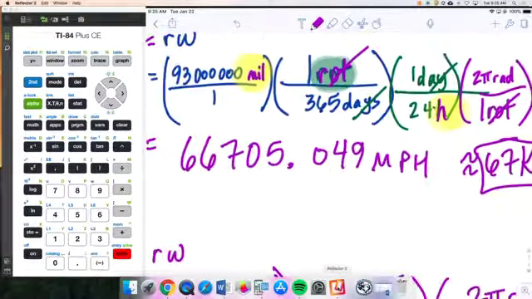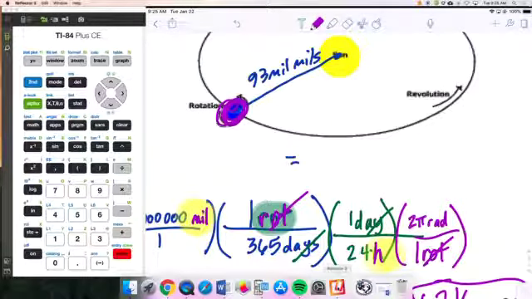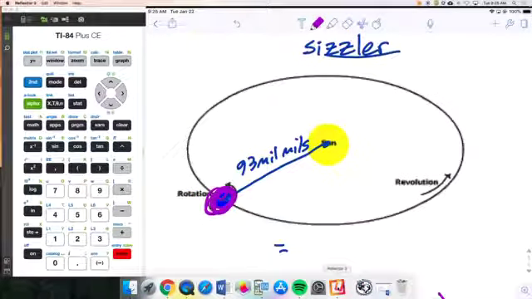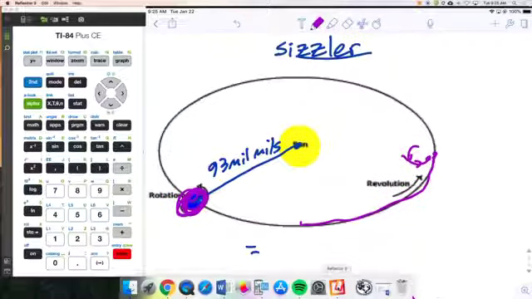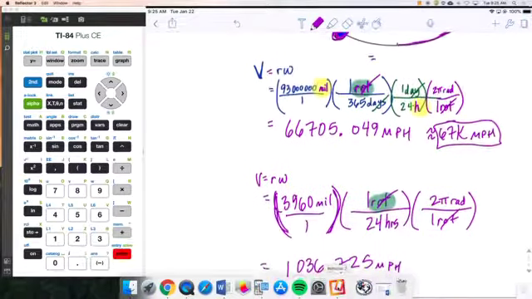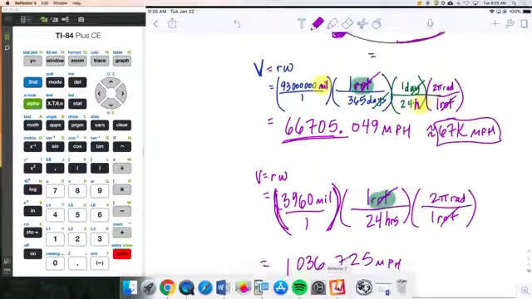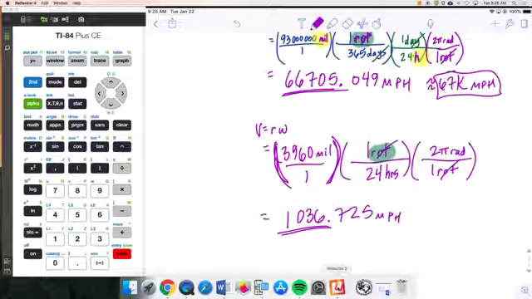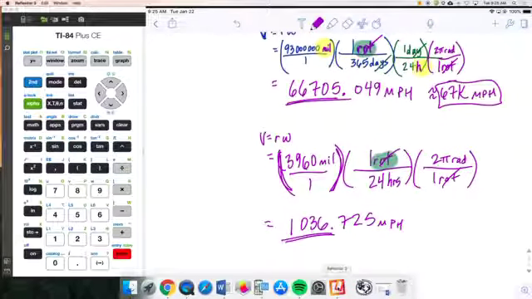So like when you're spinning here, and let's say you're approaching this place where it turns around, and then you're right here, as this thing is spinning in that direction, you're going to feel the combined effect of this G-force and this G-force at that same moment. You're going to basically be feeling 66,705 plus 1036, so closer to 68,000 miles per hour, right?